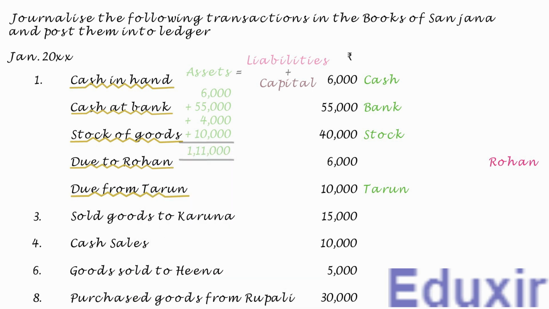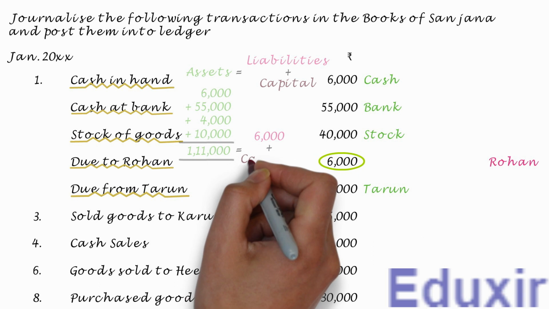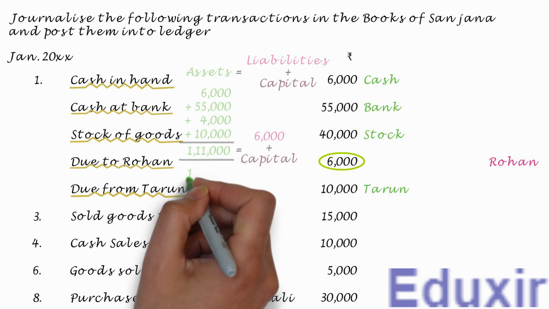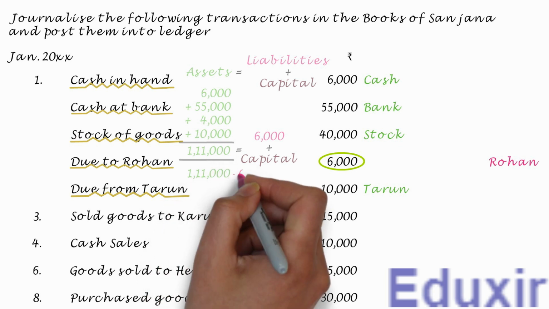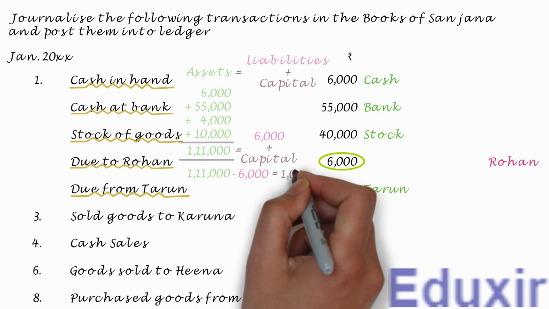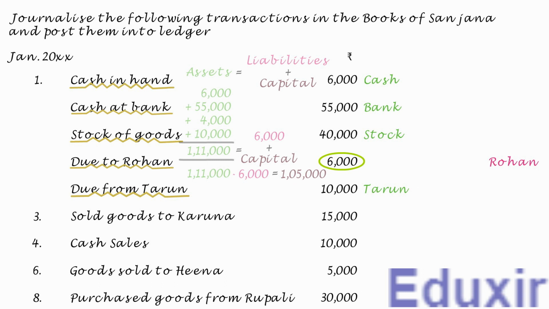The liabilities is 6,000 rupees. So 1,11,000 rupees are equal to 6,000 of liability plus capital. From this 1,11,000, if we subtract 6,000, we get 1,05,000. This is the capital. With this analysis at our disposal, let us now proceed with the journalizing of these transactions.